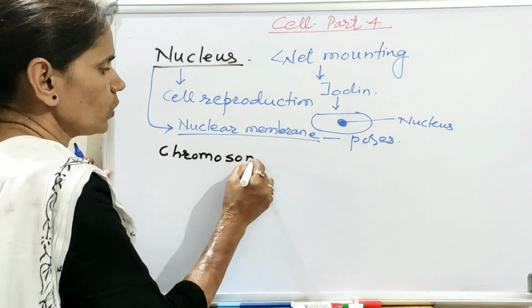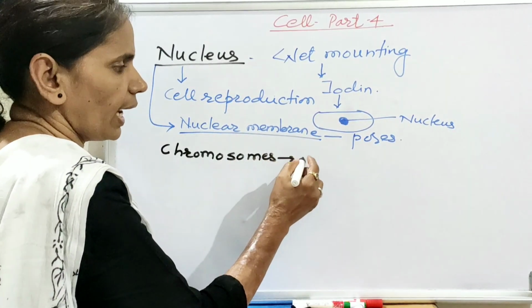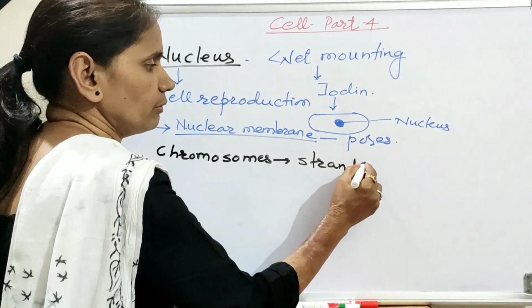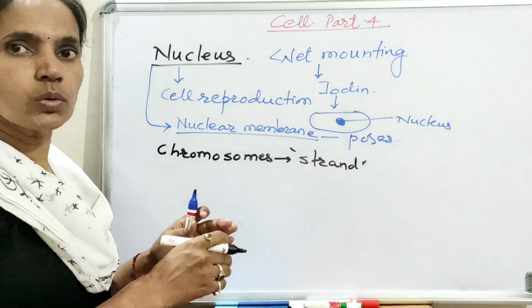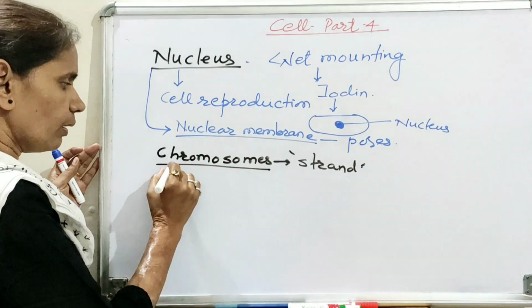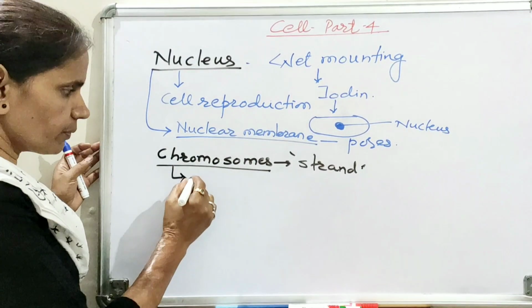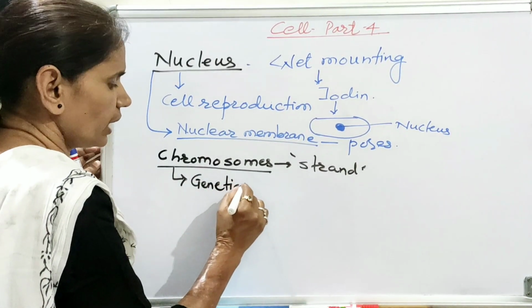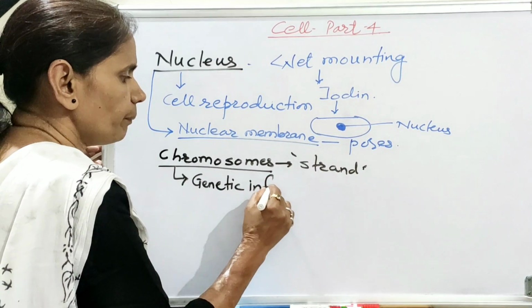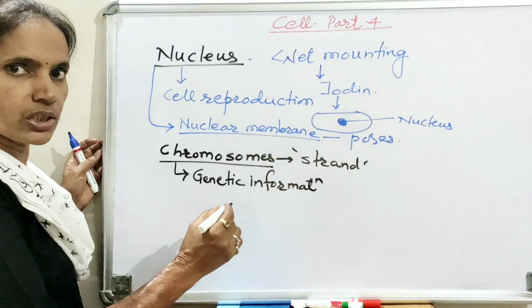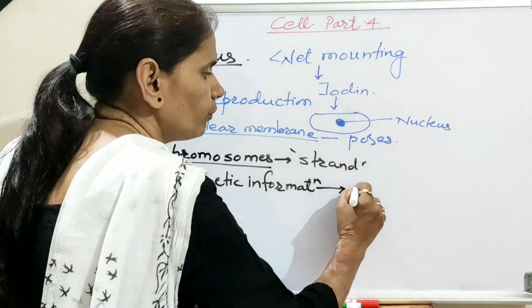These chromosomes can be observed as strand-like structures when the cell is about to divide. These chromosomes have an important role in inheriting the genetic information to the daughter cells, or the cells of the next generation, in the form of DNA.